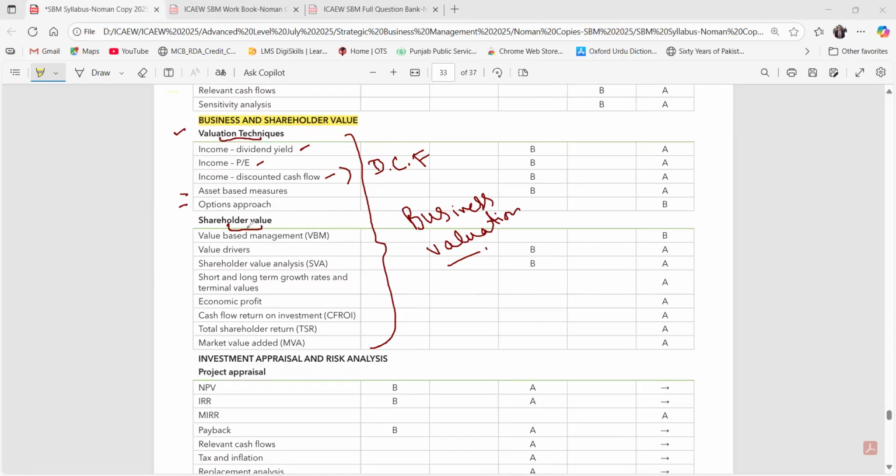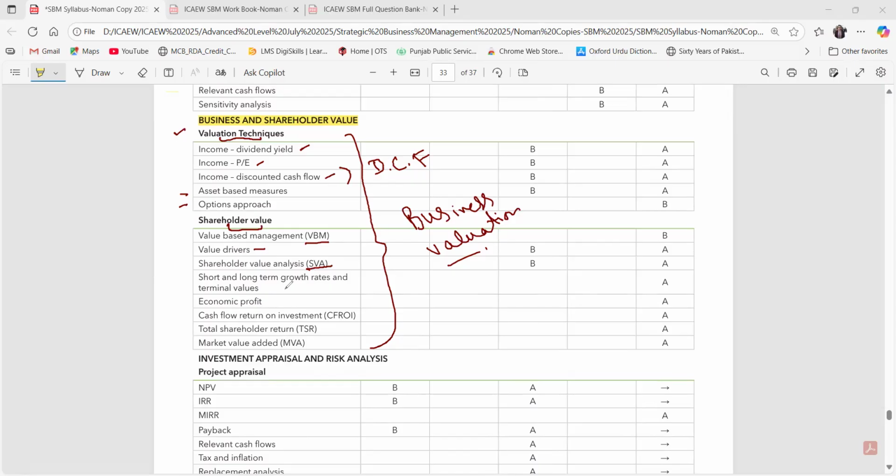If I talk about shareholders' value, then we have VBM, value based management, value drivers. What are value drivers which can drive value for your business? These are called value drivers. Then we should also perform, in fact, we must be able to perform our SVA. SVA means shareholder value analysis basically. What adds value to shareholder wealth basically?